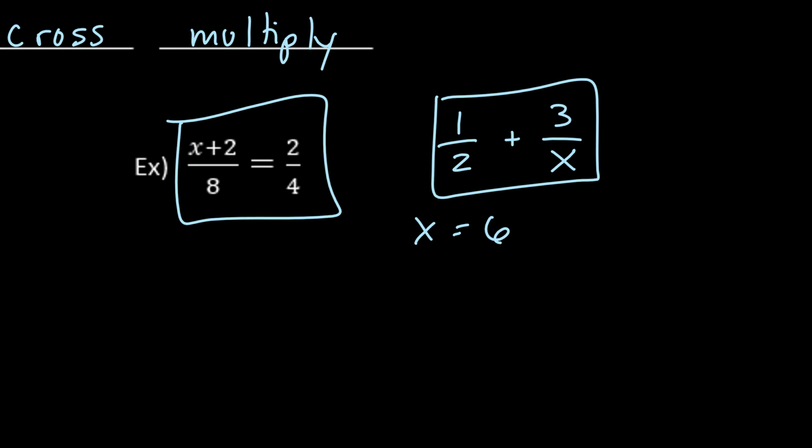So the key to cross multiplying is knowing you can only cross multiply when there is a what between two fractions? An equal sign. Say that in your head right now. To cross multiply, you have to have an equal sign.